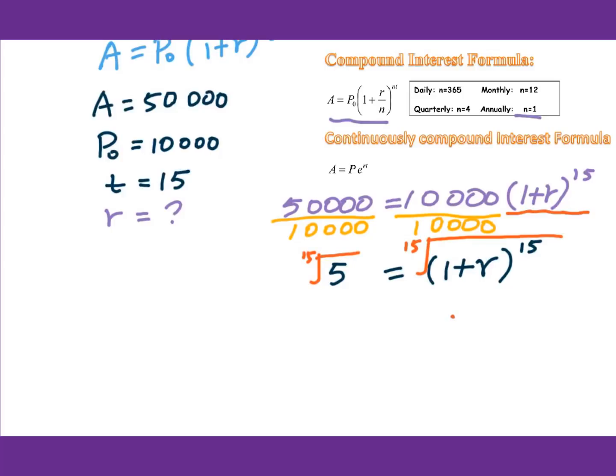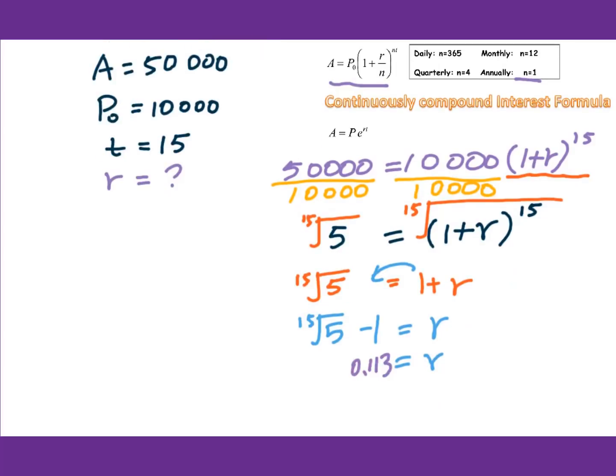You will get 1 plus r equals 15th root of 5. Then r equals just minus 1 on both sides. Then we plug into the calculator, you will get r equals 0.113. That means r equals 11.3%.